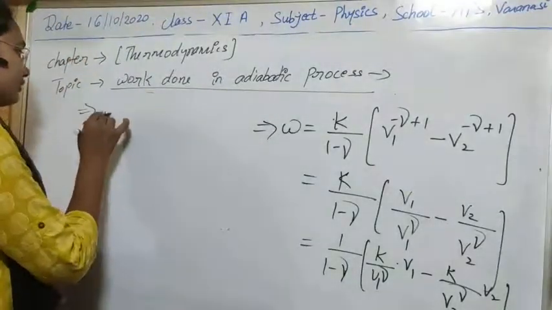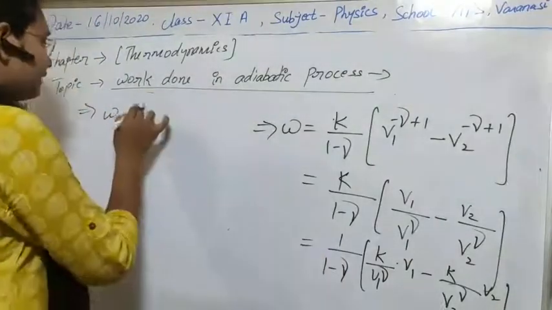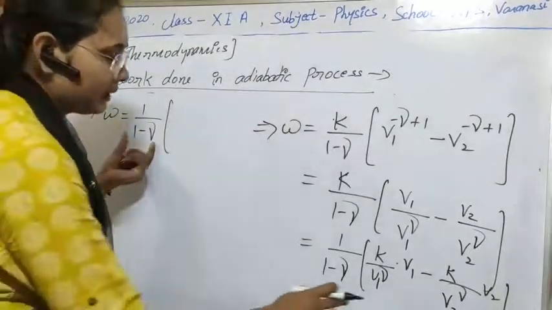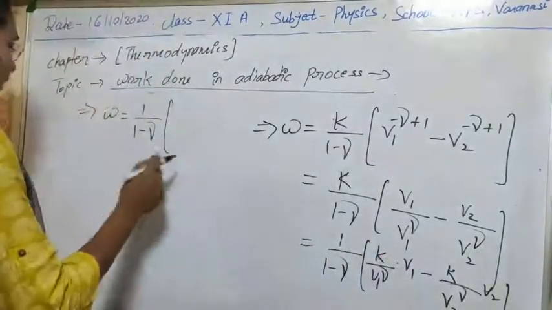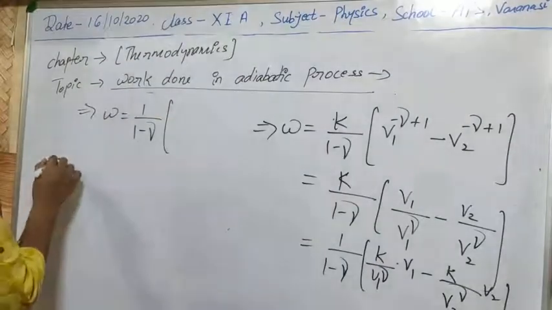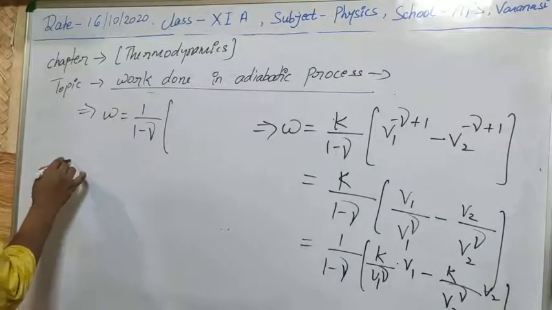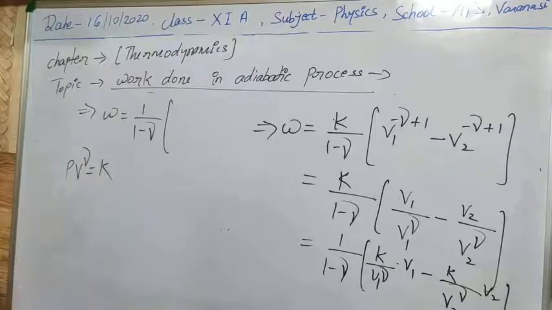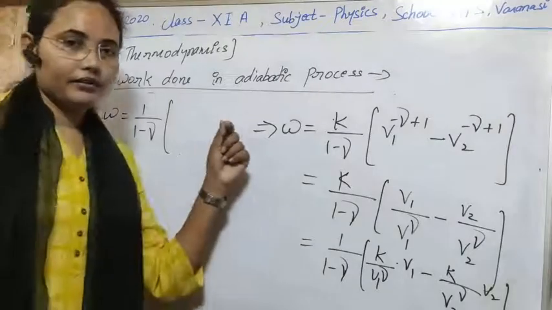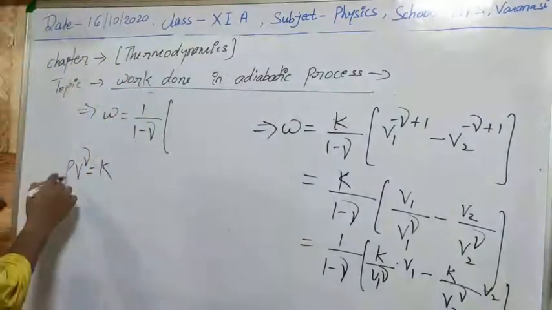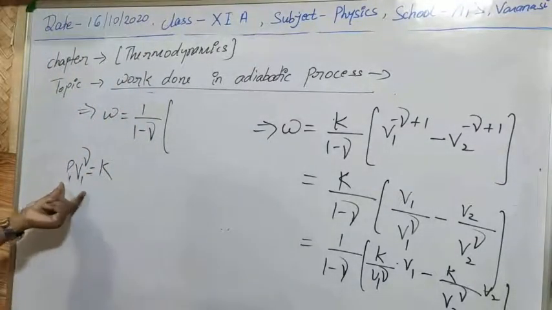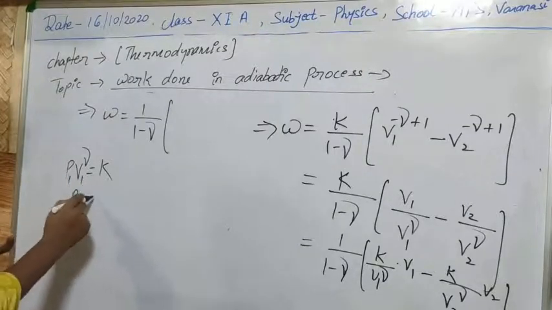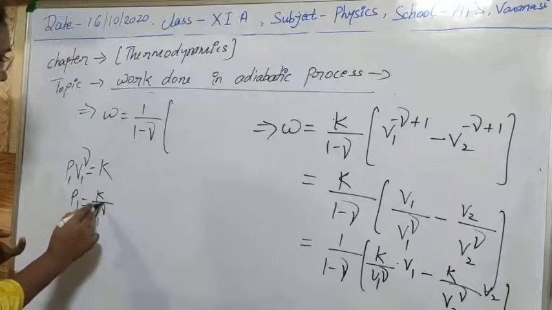Now again, what is the work done? W equal to 1 upon 1 minus gamma. Suppose we have the simple equation of adiabatic process, that is PV power gamma equal to constant. If we see it initially, the pressure was P1 and volume was V1. So we can calculate the value of pressure initially, that will be K upon V1 power gamma.